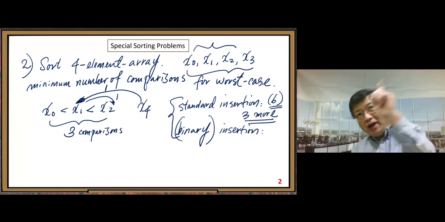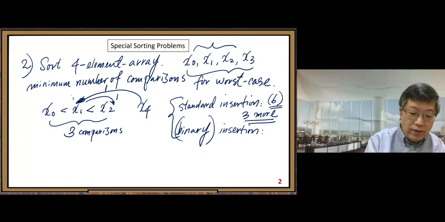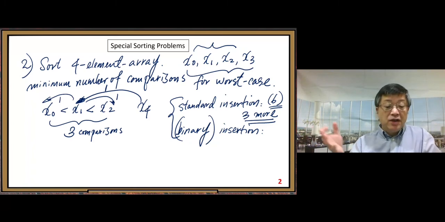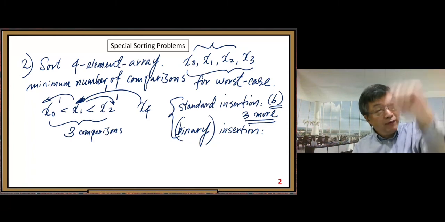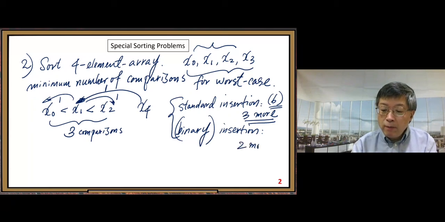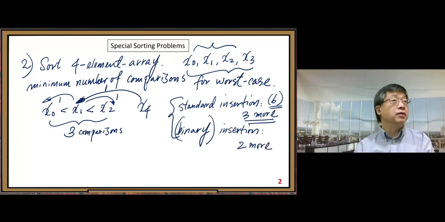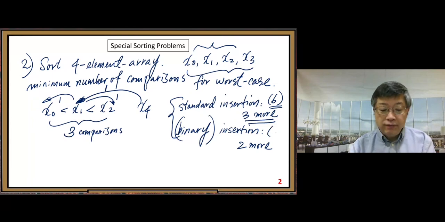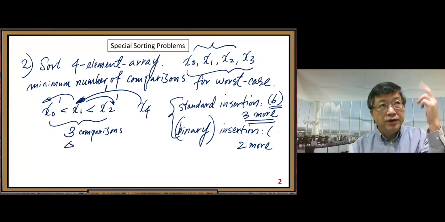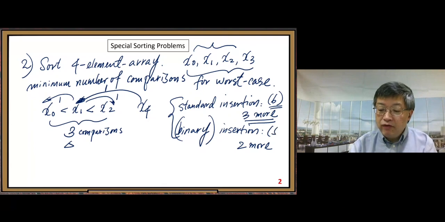If it is less than x1, you compare it with x0, also another comparison. You only need to take one of the 2 cases. So you just need 2 more comparisons, and because you need to add the first 3, the total number of comparisons is 5.